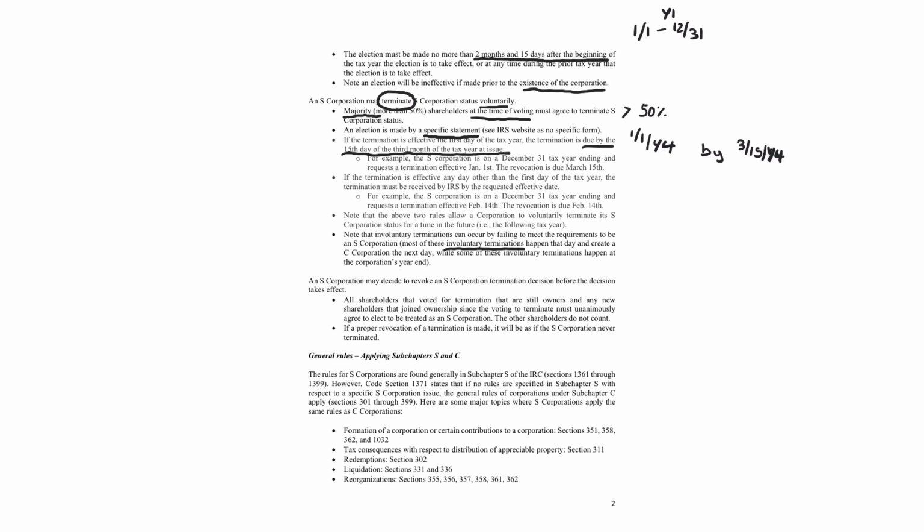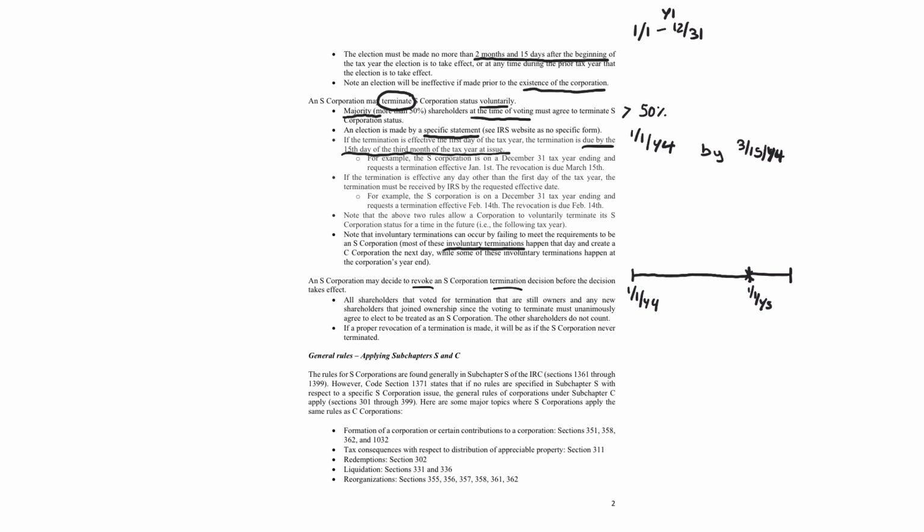All right. So one other issue is potentially you may be able to revoke a termination. So let's say that we are going to terminate our S corporation status on January 1st, year 4, to take place January 1st, year 5. We're going to stay an S corporation in year 4, but in year 5, we're going to be a C corporation.